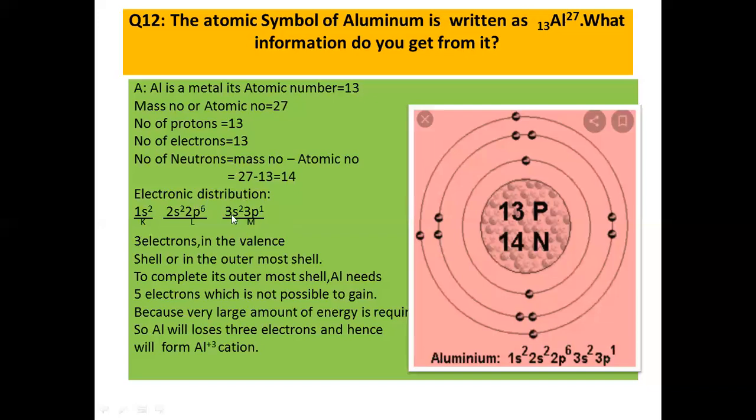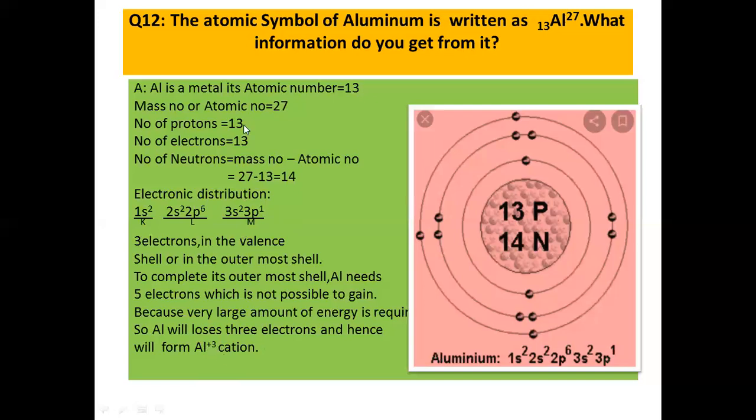So aluminum will lose 3 electrons and will form Al plus 3 cation, which is also called trivalent cation or trivalent aluminium ion. Plus 3 means it loses 3 electrons. And you know that when an atom loses electrons, it gets a positive charge and it is called a cation.